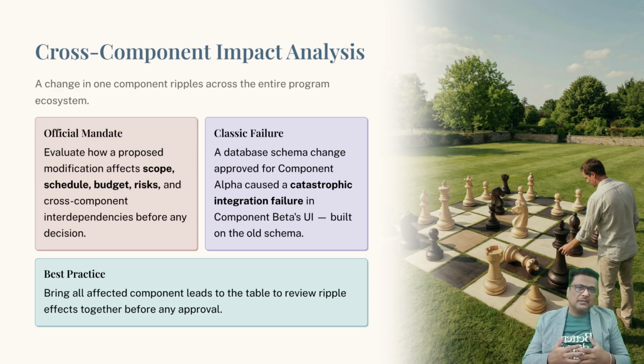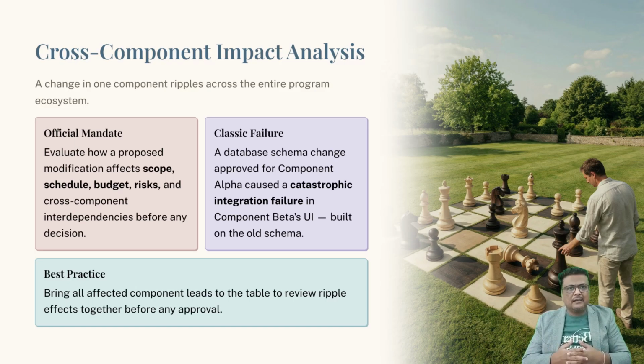In very simple words, cross-component impact analysis is just like playing a game of giant outdoor chess. When you touch one piece on the board, you have to look ahead 3 moves to see how shifting that piece opens up your king or blocks your other pieces from moving.